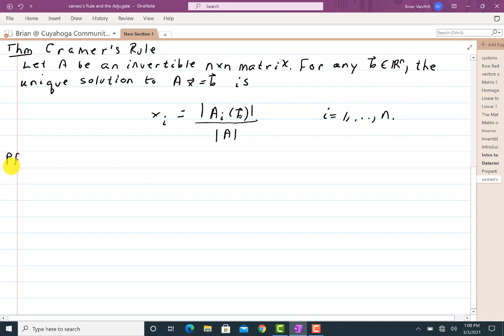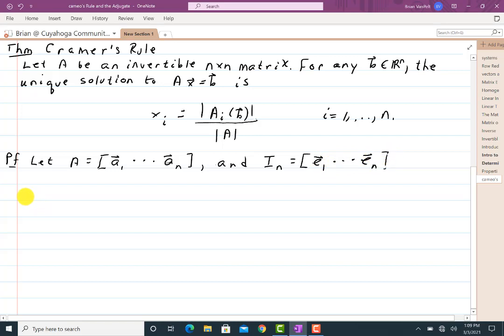So for this proof, once again, we will let A be listed according to its columns. Now we already know that the identity matrix looks like the following: e1 up to en, like so.